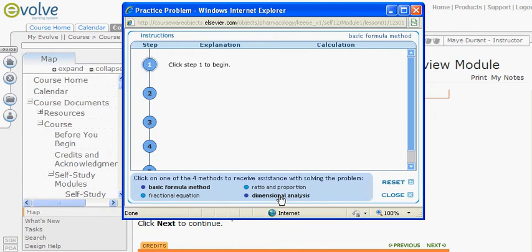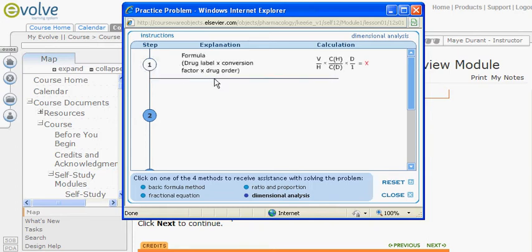Like I said, I like dimensional analysis, and this is the way I'll be teaching math when I teach it. And you just click on dimensional analysis, and you can click on step 1, and it tells you here the formula, drug label times the conversion factor times the drug order, which when we did our Pitocin problem, that's how we did that. Click on step 2.